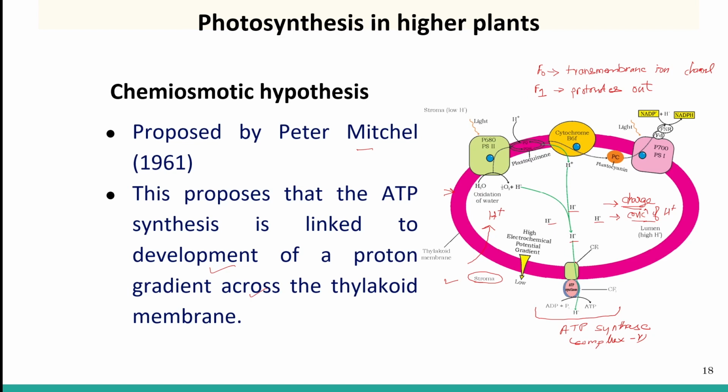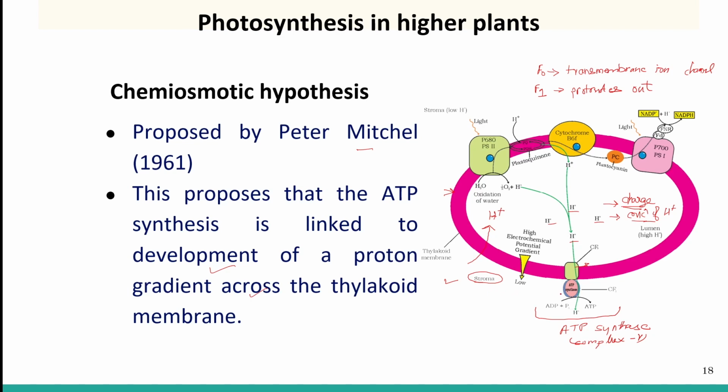So this is the F0 part, and this is the F1 part of the ATP synthase. This F0 part, which is embedded inside the thylakoid membrane, acts as a transmembrane ion channel, meaning it helps in the transport of the protons back to the stroma. This acts as a channel through which the protons get transported back to the stroma.